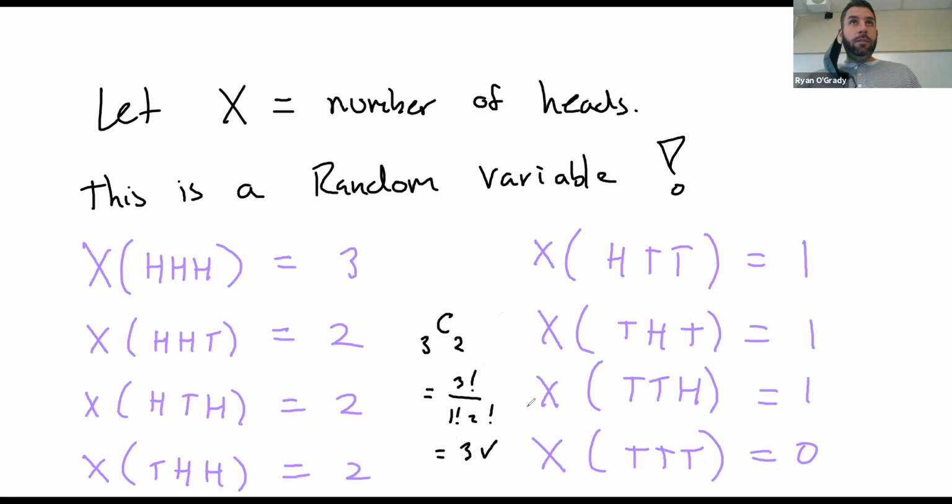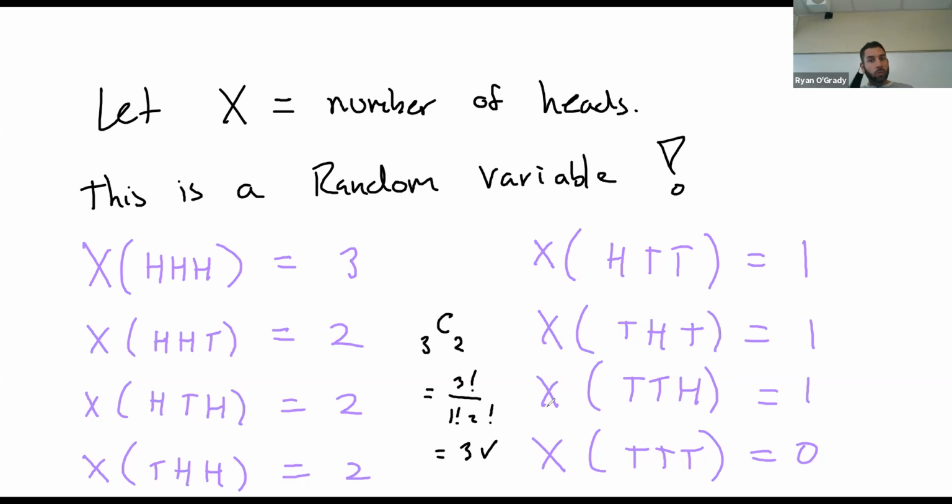That's not a coincidence. If I flipped the coin 5 times and I wanted to know how many different ways I can get 2 heads, it would be 5 choose 2, because there's 5 choices and I want to know when 2 of them are heads. So there is a connection here. Does that make sense?